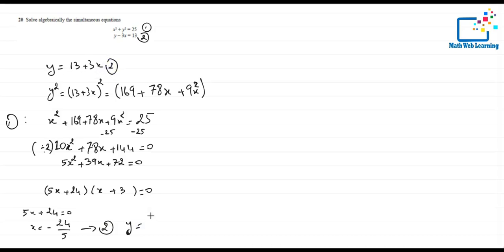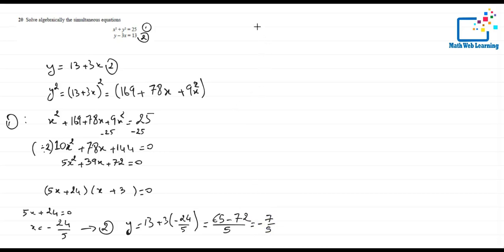Okay, so it's going to be 13 plus 3 bracket minus 24 over 5, and if you do that, the common denominator is 5, so 13 times 5 is 65, minus 3 times 24 is 72, over 5, and that will give us minus 7 over 5.